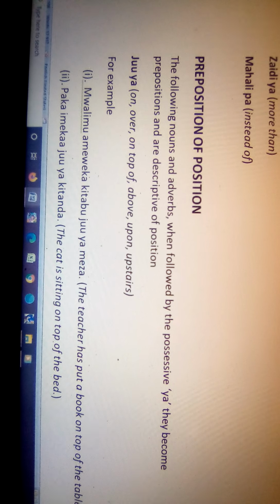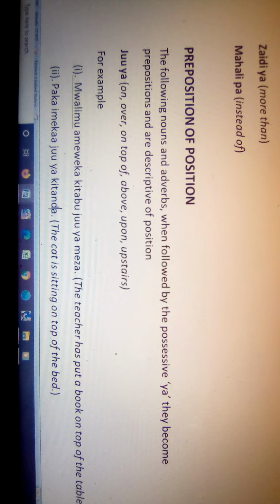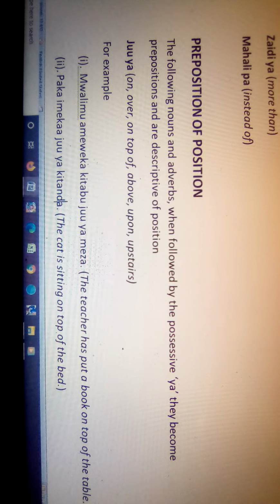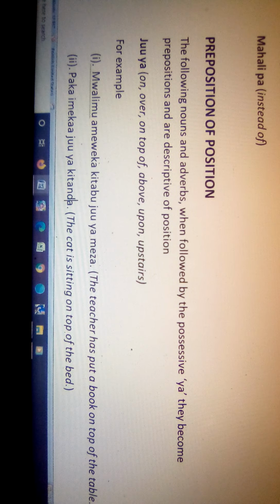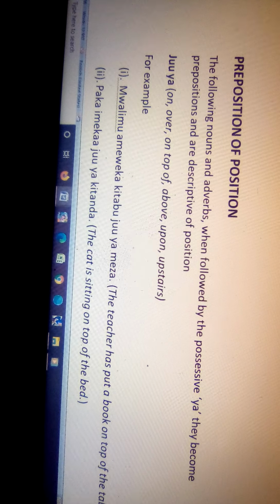For example, juu ya. Juu ya is on. It can mean over. It can mean on top of. It can mean above. It can mean up on. It can mean upstairs. For example, we have mwalimu ameweka kitabu juu ya meza. The teacher has put a book on top of the table, or on top of a table.